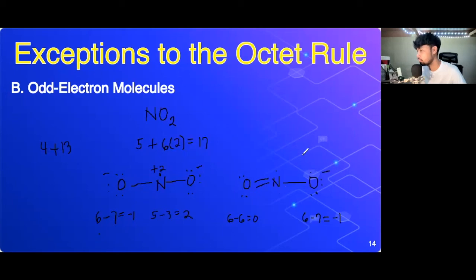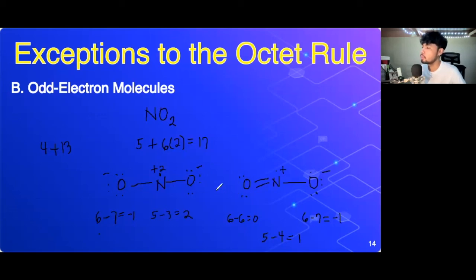And for this nitrogen atom, we have 5 minus 4 assigned electrons, so we now have a +1 formal charge for the nitrogen atom.